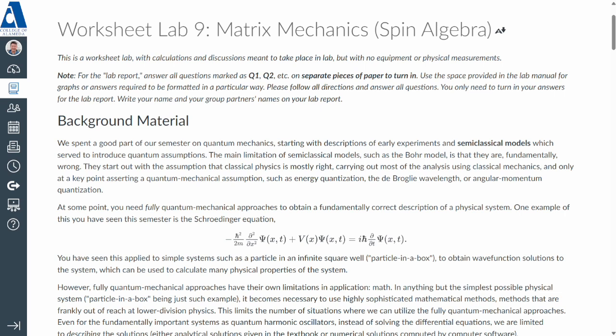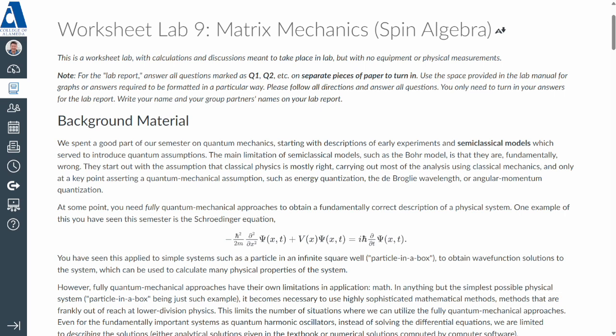They start out with the assumption that classical physics is mostly right, carrying out most of the analysis using classical mechanics, and only at a key point asserting a quantum mechanical assumption, such as energy quantization, the de Broglie wavelength, or angular momentum quantization.